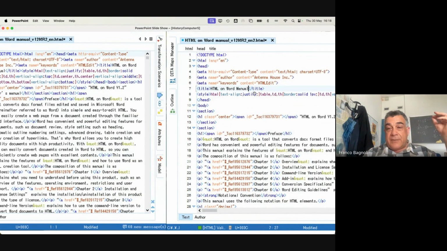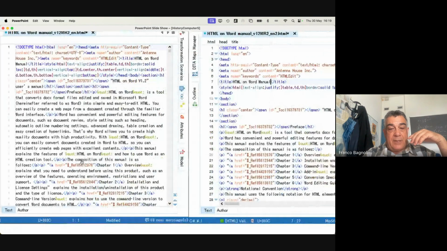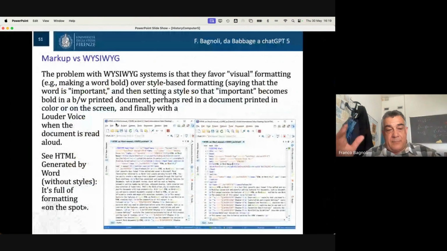You have pieces of text formatted in some specific way, and not being part of a more general style.